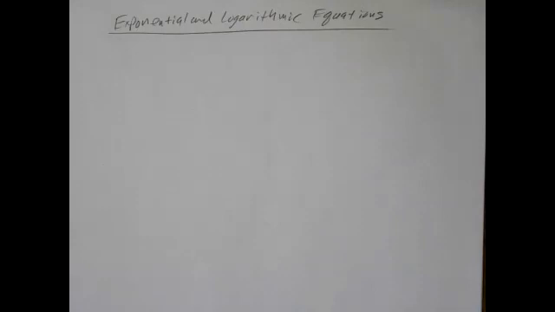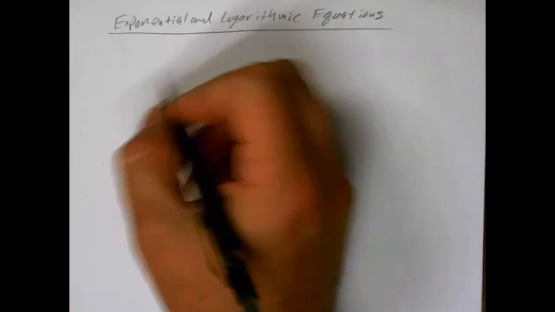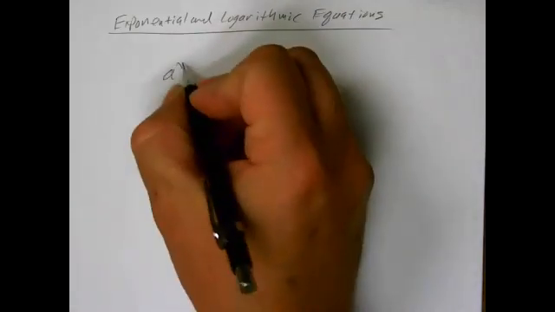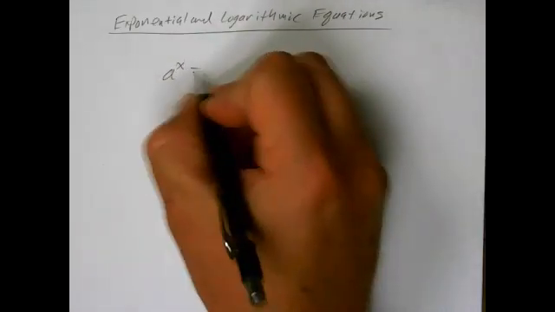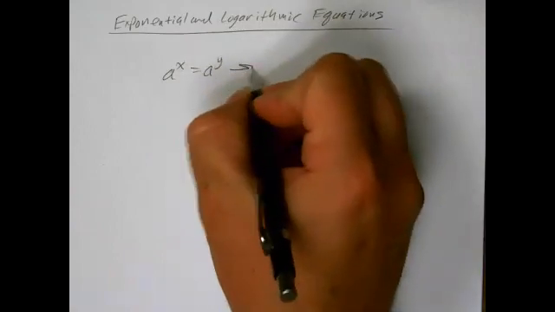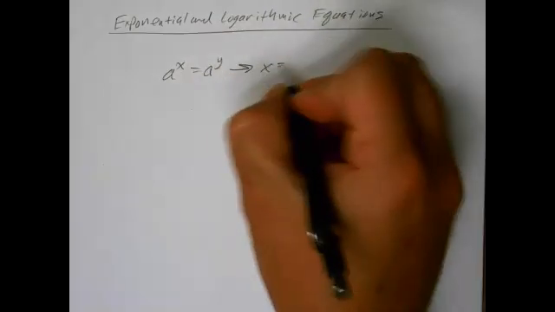A couple of mathematical properties, though, that can be used to your advantage: first of all, the property says a to the x equaling a to the y will always imply that x is equal to y.